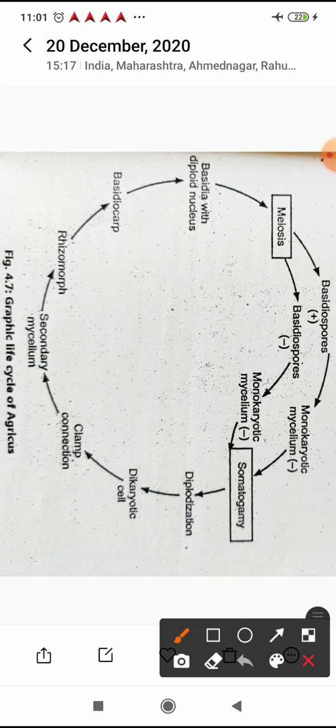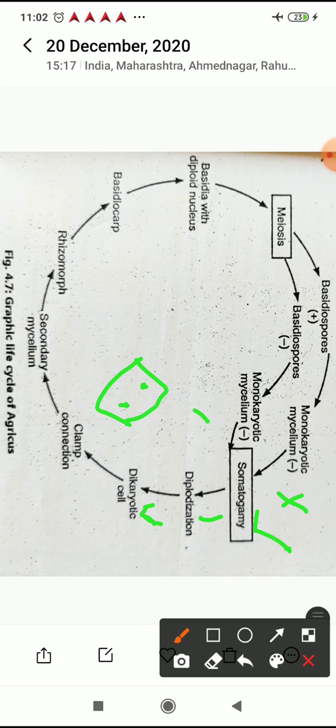So the process of somatogamy: the positively strained nuclei and negatively strained nuclei come together, but the nuclei do not fuse, so a dikaryotic cell, that is a cell having two nuclei, is produced.